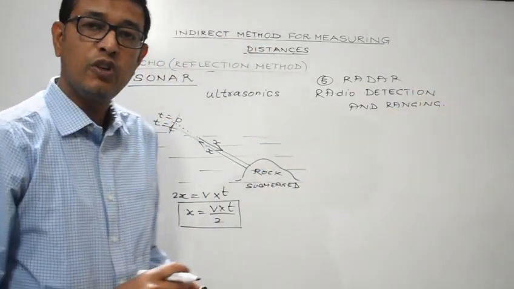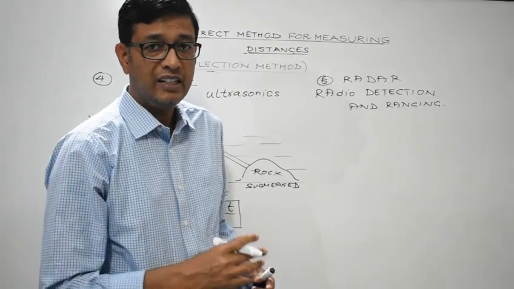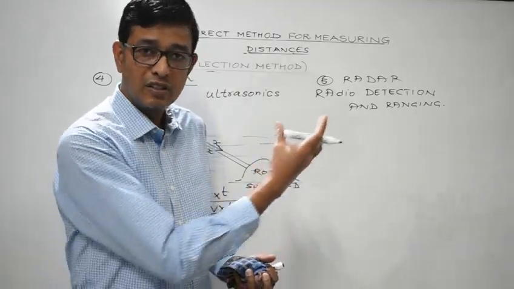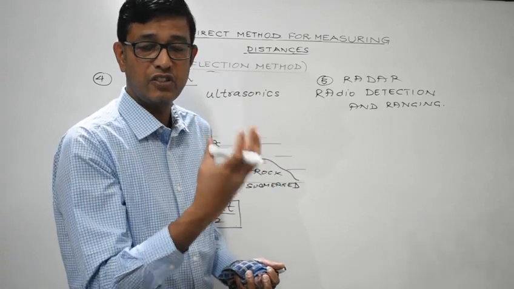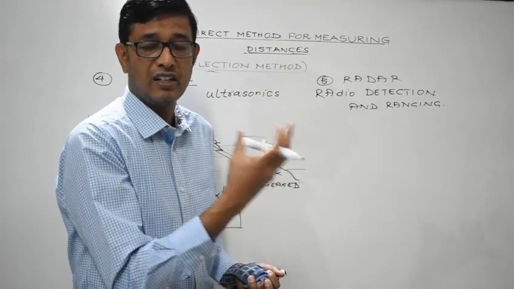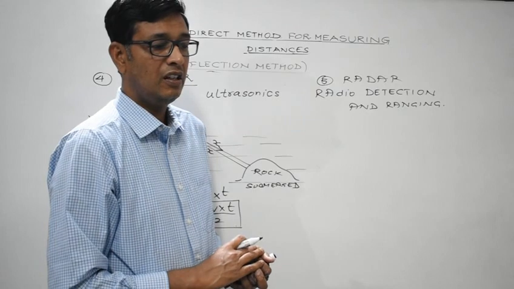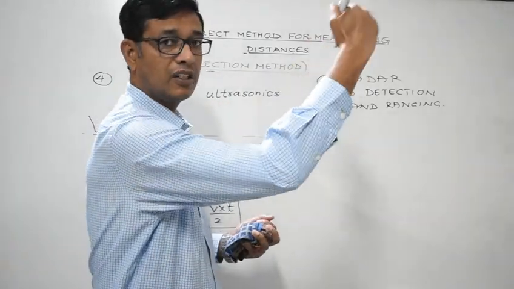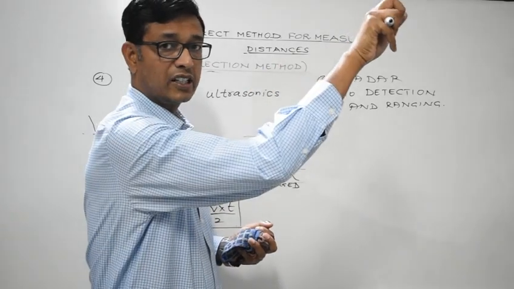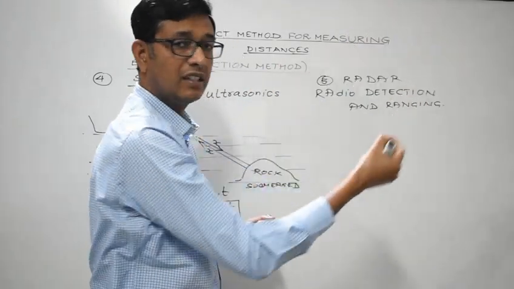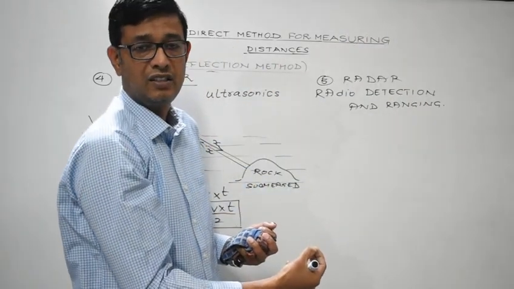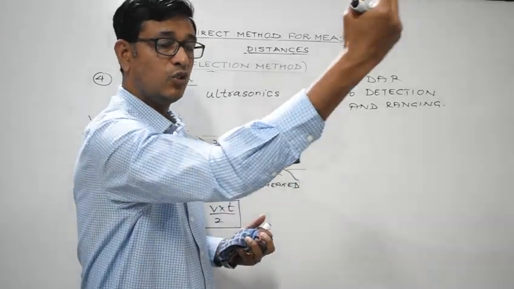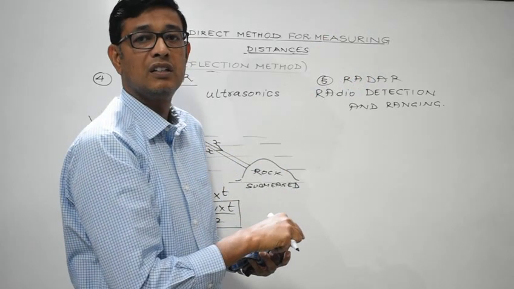It makes use of radio waves, which again are electromagnetic waves. Air Force stations are equipped with hi-fi radars, right? And they keep on sending radio waves. So when an intruding aircraft comes, the radio waves get reflected from that intruding aircraft and they are received by the detector. And by using the same concept, the distance of that intruding aircraft from the radar can be easily calculated.